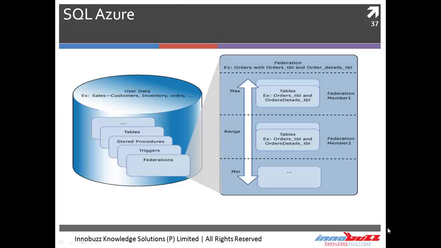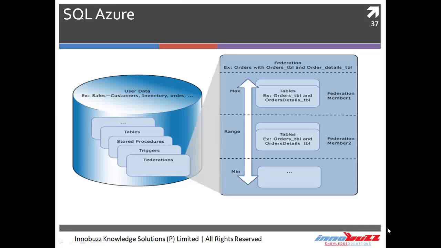The diagram that we see illustrates the logical and physical model of a federation. Where you have user data with, let's say, sales from customers, inventory and orders and so on, which are stored in tables, with some stored procedures and triggers to execute some automatic queries or do some logging and stuff like that, and then on top of that, it's all governed by the federation.